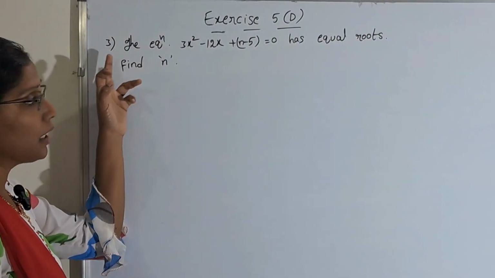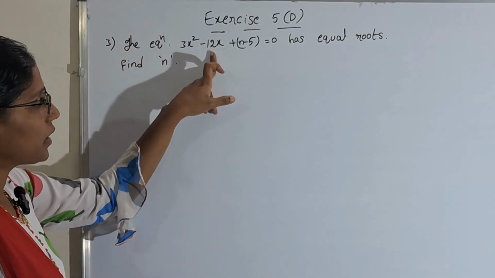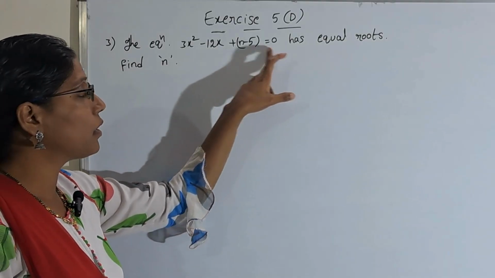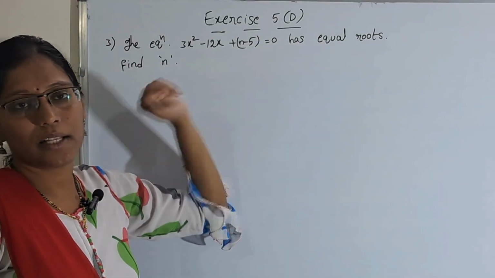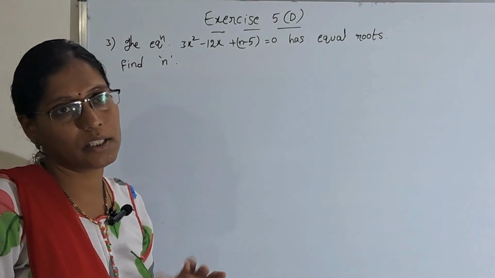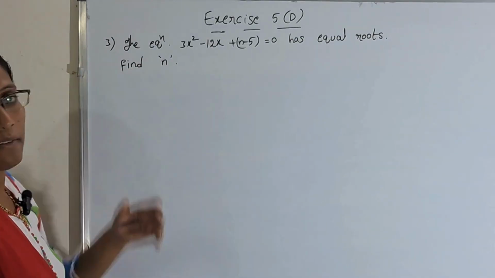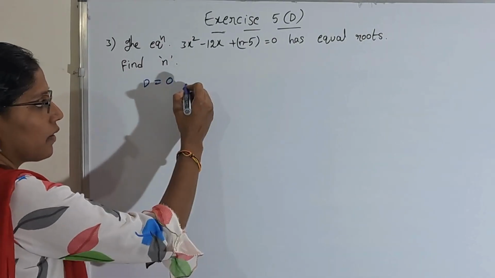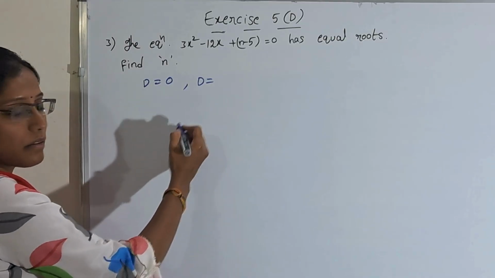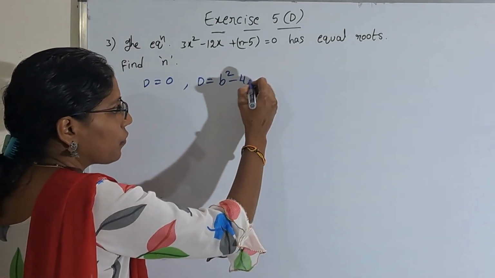Next, third main: the equation 3x square minus 12x plus n minus 1 into n minus 5 equal to 0 has real roots. Real roots they have given, so discriminant value is equal to 0. Here find n value. Here D is equal to 0, they have given. D is equal to what is the formula? b square minus 4ac.